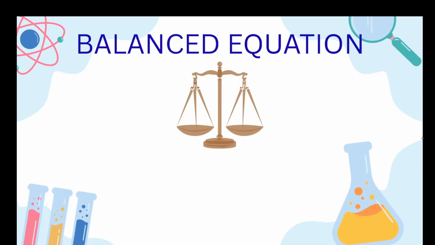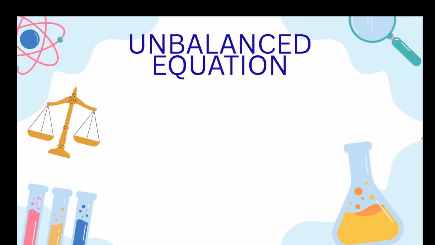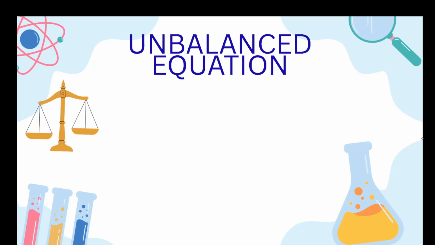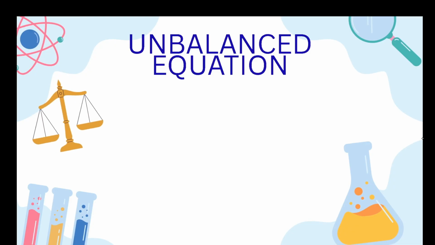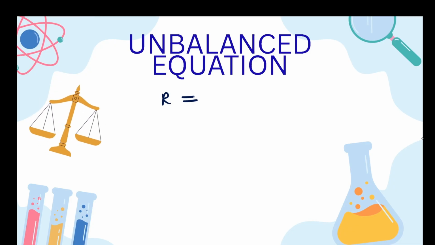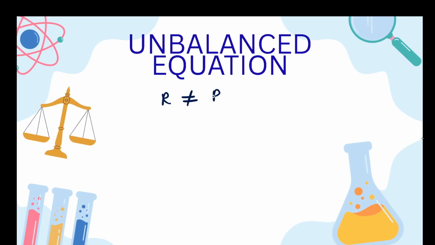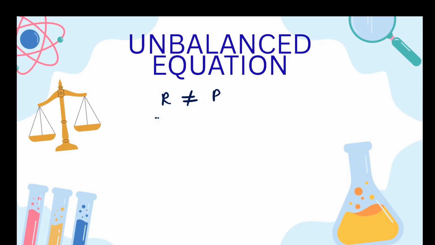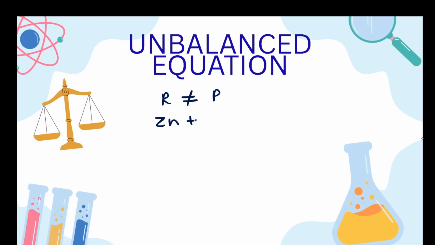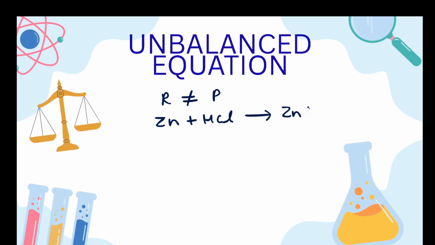Next we are going to see what an unbalanced equation is. When we say the word unbalanced, it means that the number of atoms of each element on the reactant side will not be equal to the number of atoms on the product side. If we take the same example of zinc reacting with HCl, we get zinc chloride and hydrogen gas is liberated.